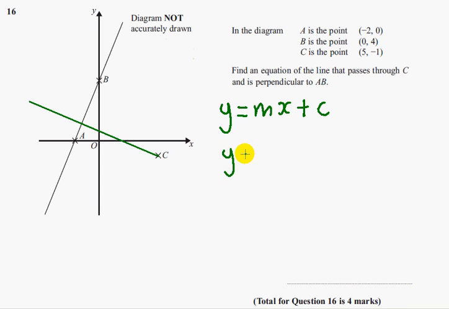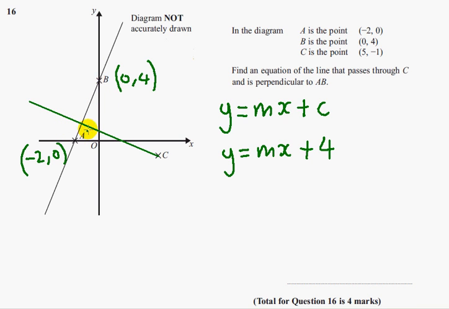So y equals mx plus c. The coordinates of B are (0, 4). That means it must cut the y-axis at 4. The coordinates for A are (-2, 0). So we need to figure out the gradient, how steep the line is.